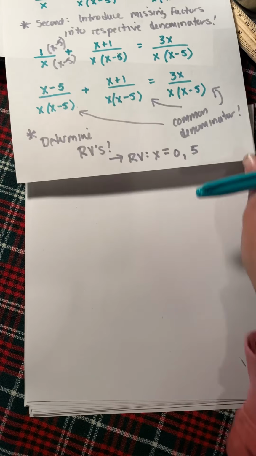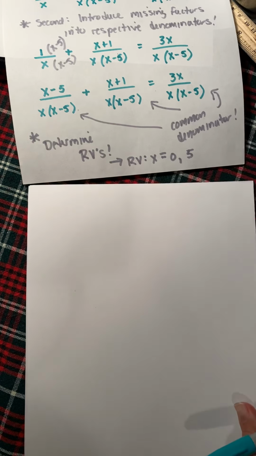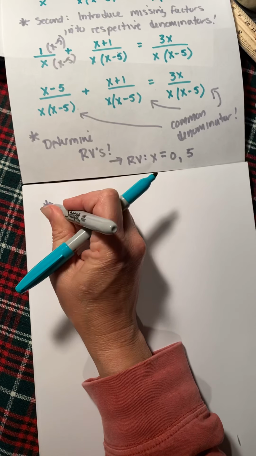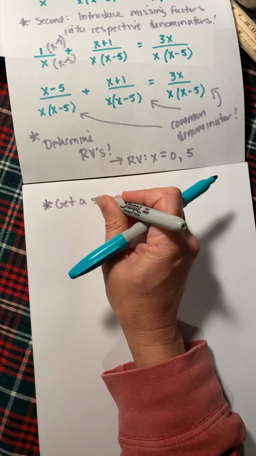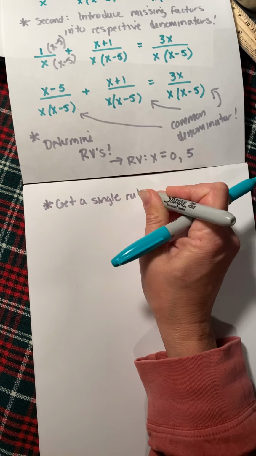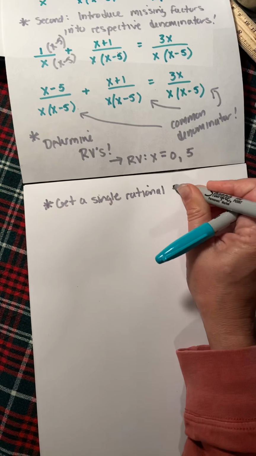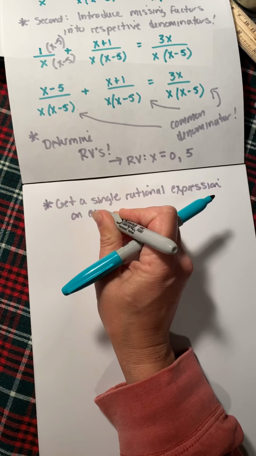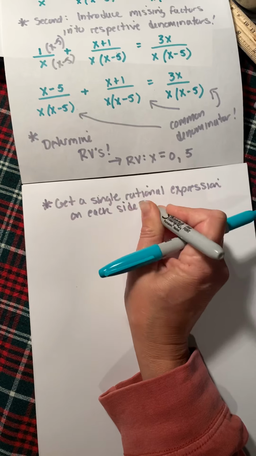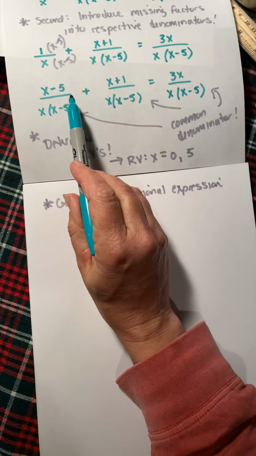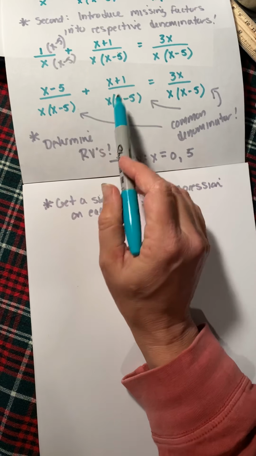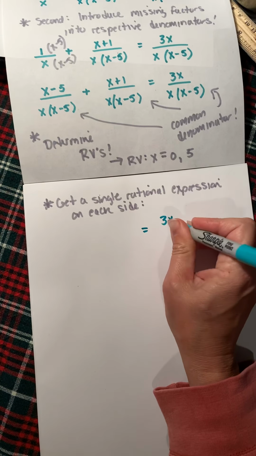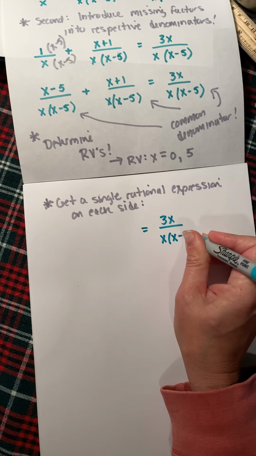All right, so now let's get a single rational expression on each side. So we have x minus 5 over the common denominator plus x plus 1 over the common denominator equals 3x. We already have one fraction on this side, so this is all good to go. Leave denominators factored.